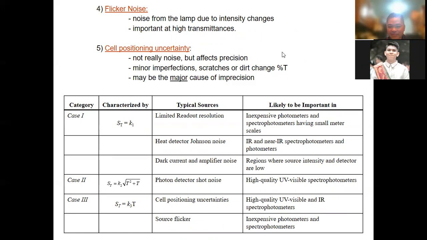Yung parang lalabo, tapos biglang ano. So that's the so-called flicker noise that happens. Okay, and it's usually common doon sa light source mo. We could say flicker noise is a type of electronic noise. Ang tawag nila dyan is pink noise.